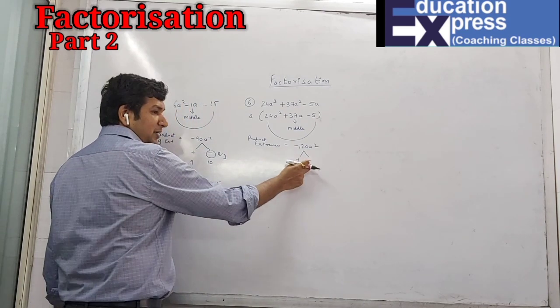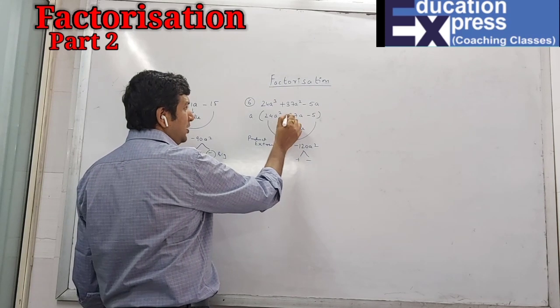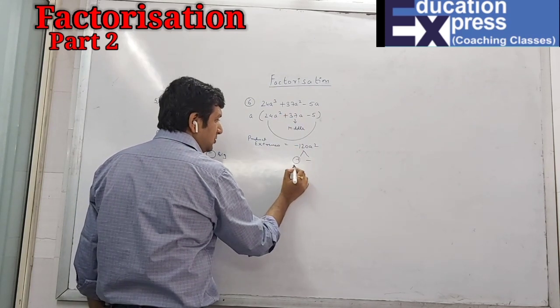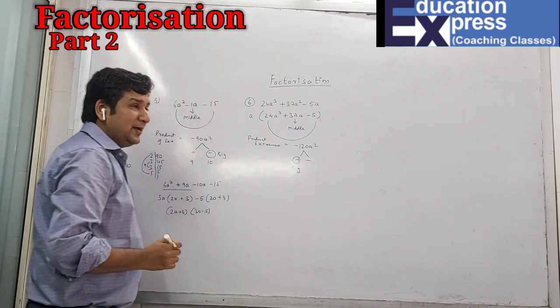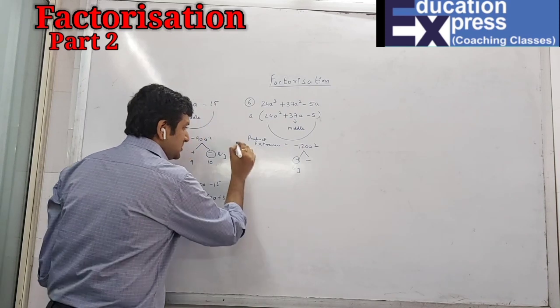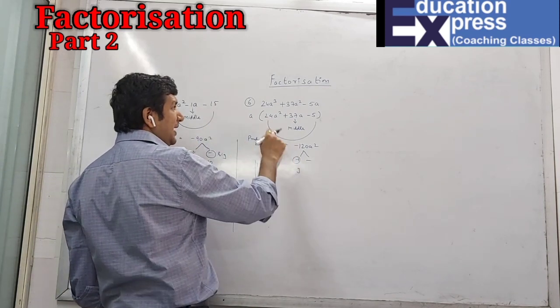So plus and minus means obviously subtraction because of the negative sign. Now the bigger number will get the plus, because the middle term is plus. So here the first time we are getting the middle term as plus. So now I have to find the factors of 120 which I can subtract and get 37.